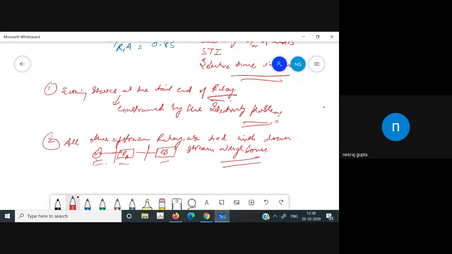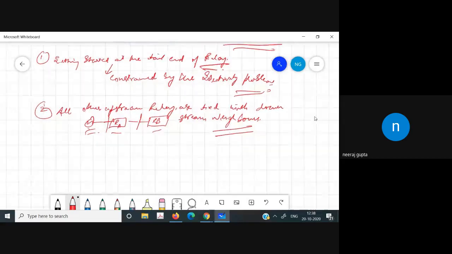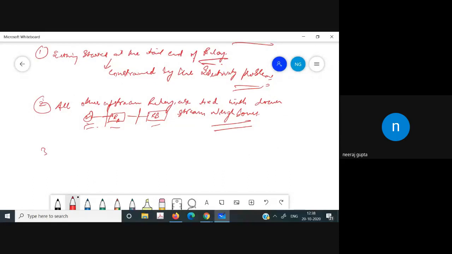Also, one more point we have to take into consideration is that as the fault moves towards the source, the fault current becomes larger.